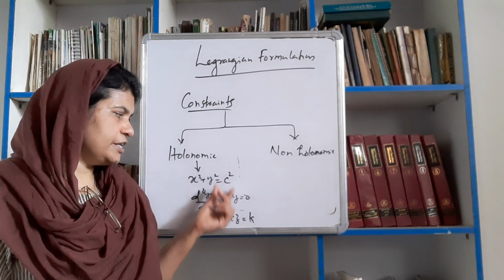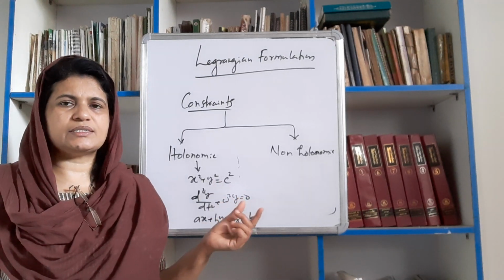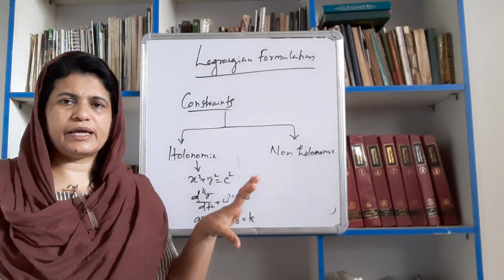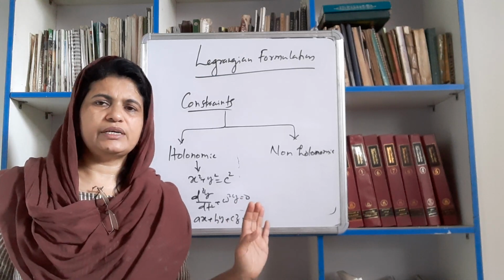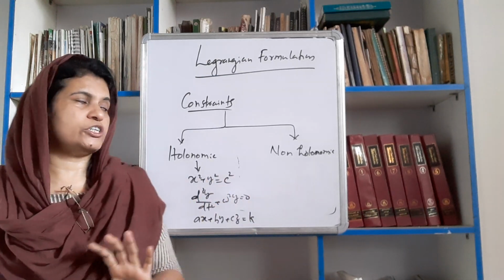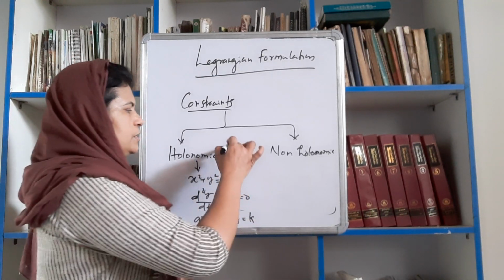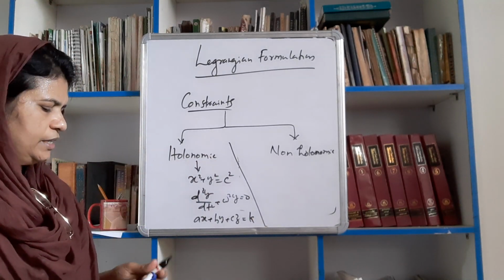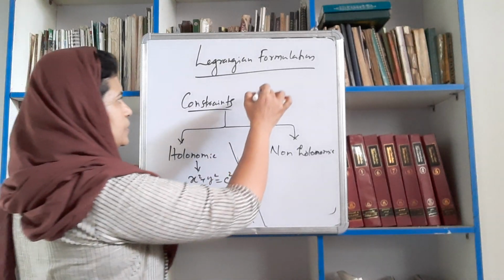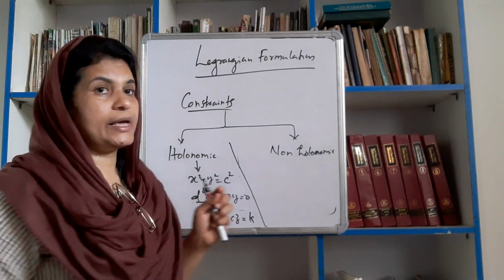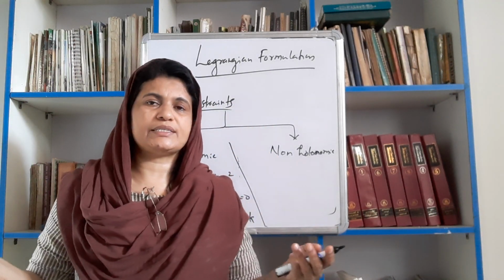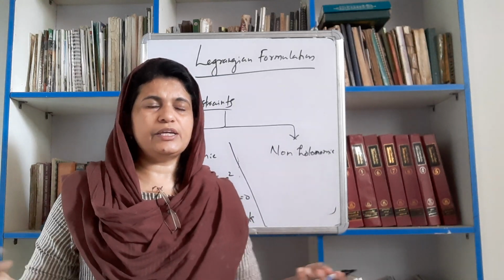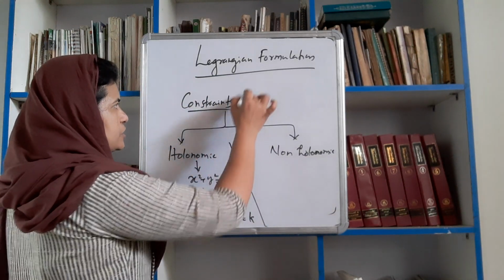Therefore, these are equations represented by equal signs, and if a motion can be expressed in the form of an equation, that is called holonomic constraint. If it cannot be expressed in the form of an equation, then it is called non-holonomic constraint. Or if the system can be expressed by means of an inequality sign, that is called non-holonomic constraint.